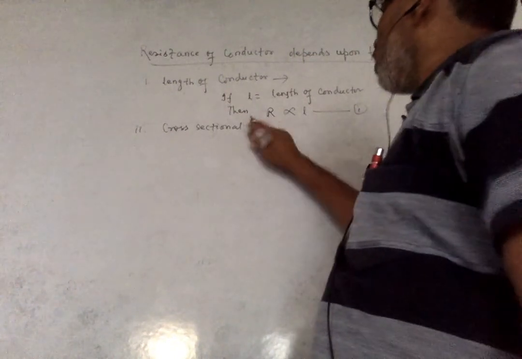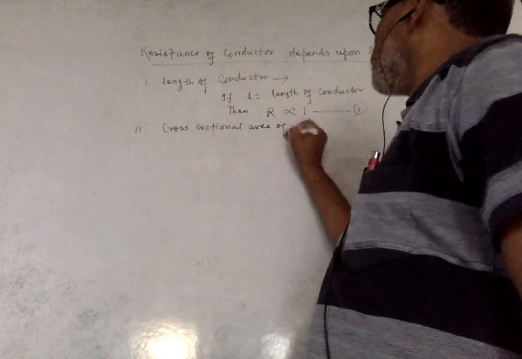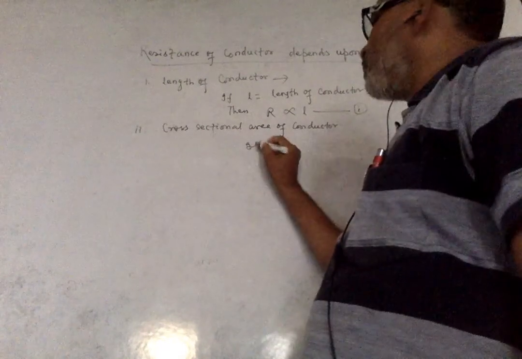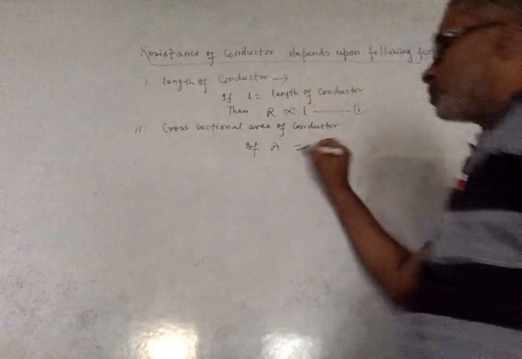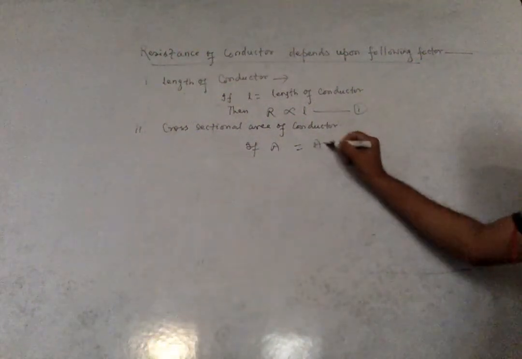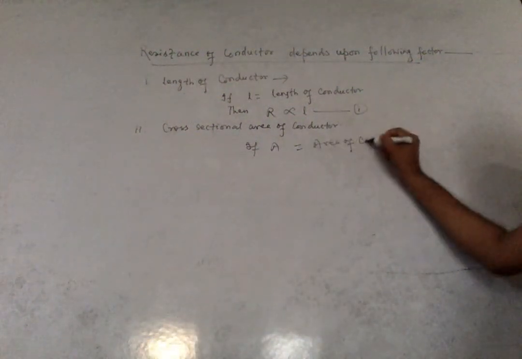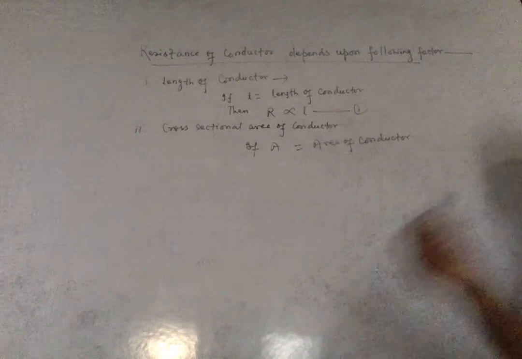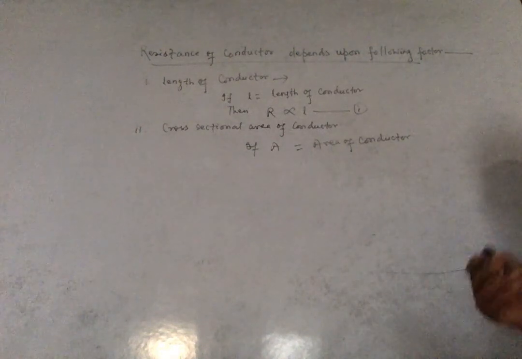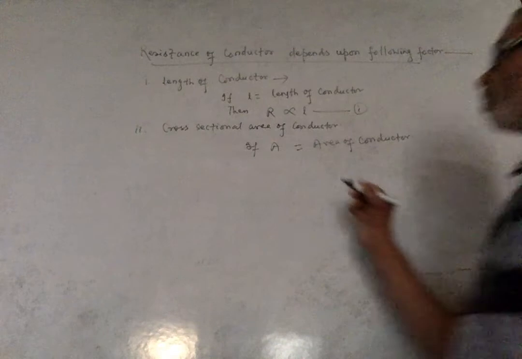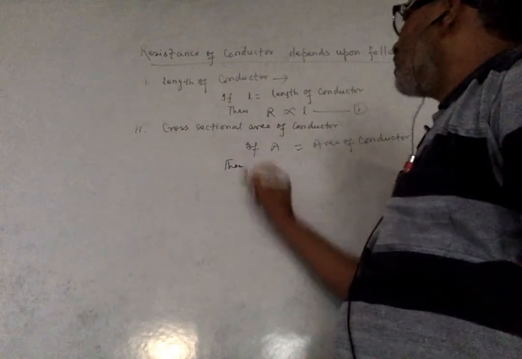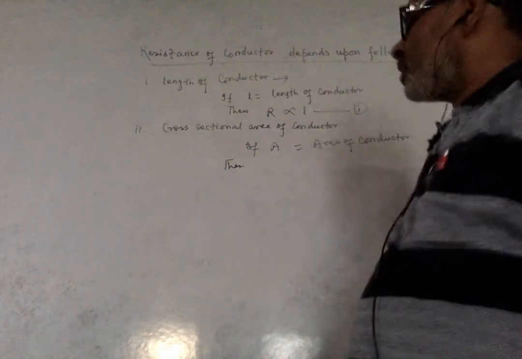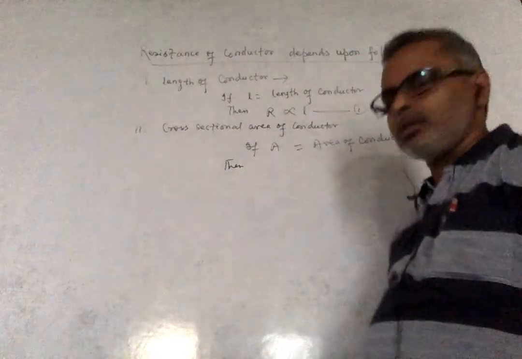If A equals the area of the conductor, then the resistance of the conductor is inversely proportional to its area.